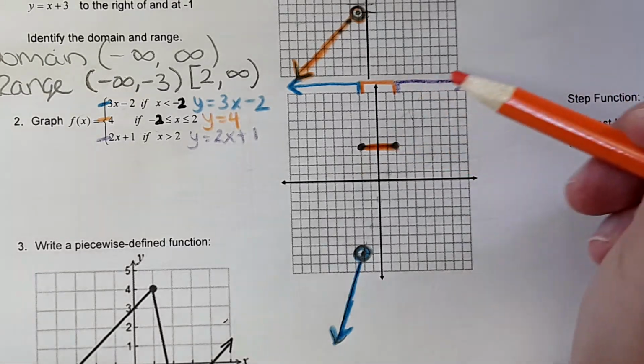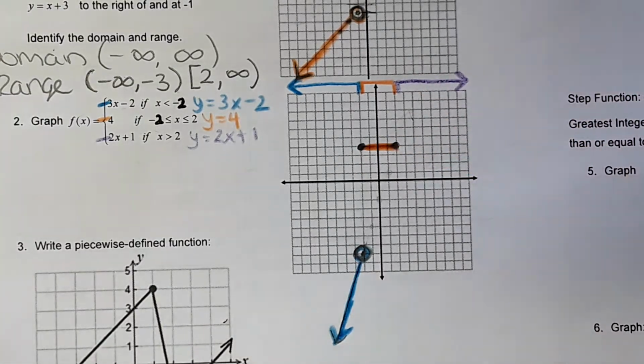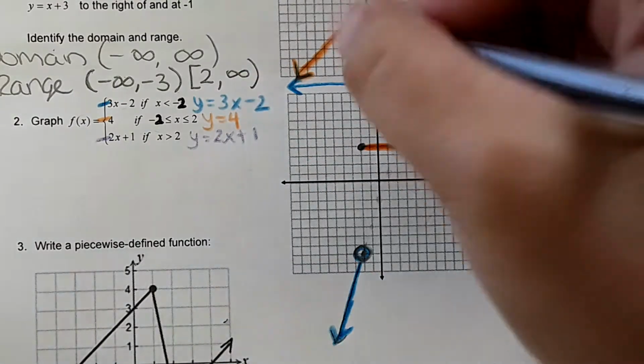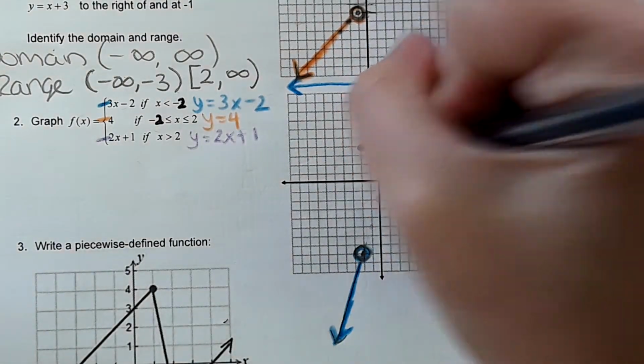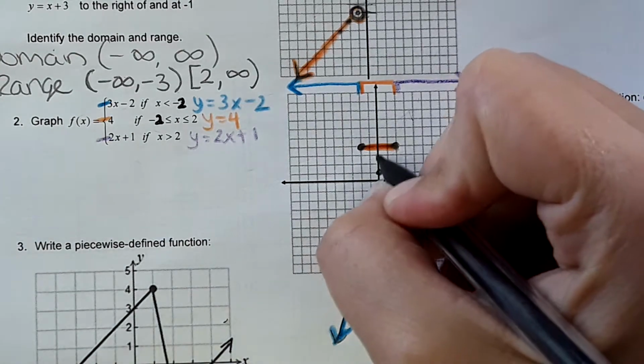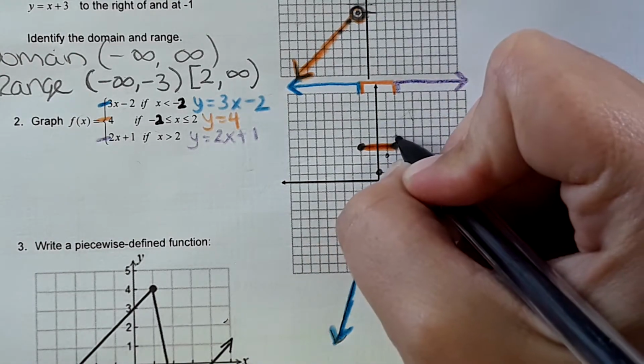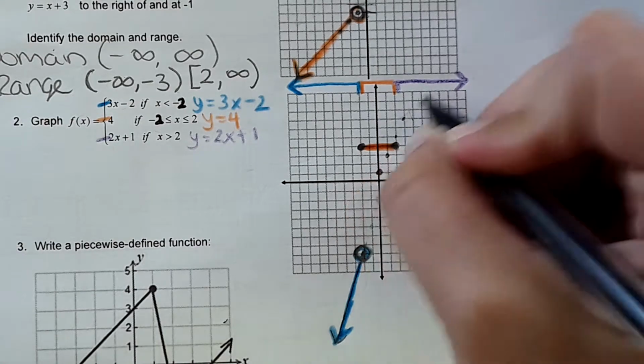And then for purple, you have to graph that line. Y-intercept is 1, and then the slope is 2. So up 2/1. I'm doing it with my erasable pencil because I'm going to have to erase some of the line.